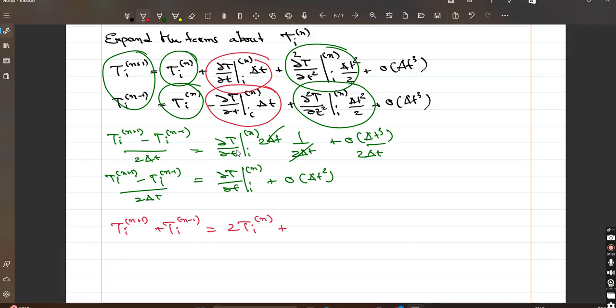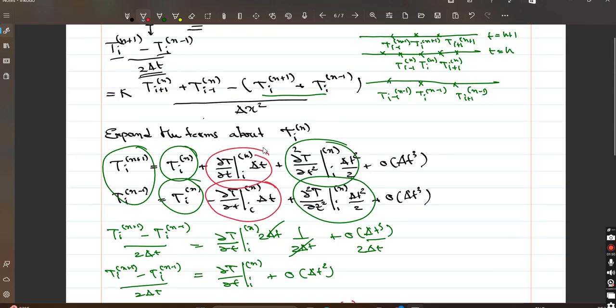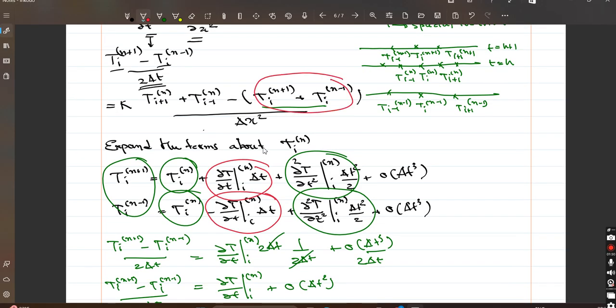This will get cancelled, plus this will again get added up. So this will be the second partial derivative of T with respect to t squared at i at time n, and only delta t square, because 2 it is half, it will become 1, and order of delta t cube. Okay, it's reasonable. We can also write it as 2 T_i^n plus order of delta t square. Okay, so we are done with this term also.